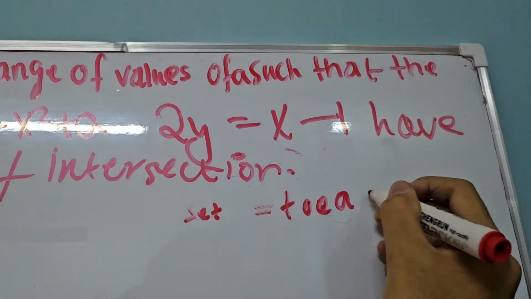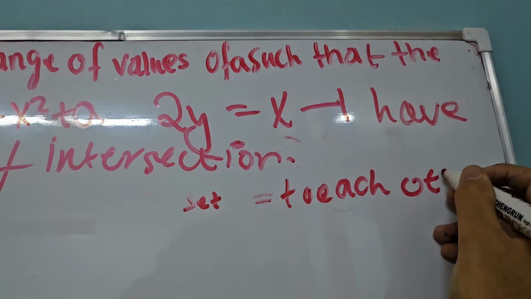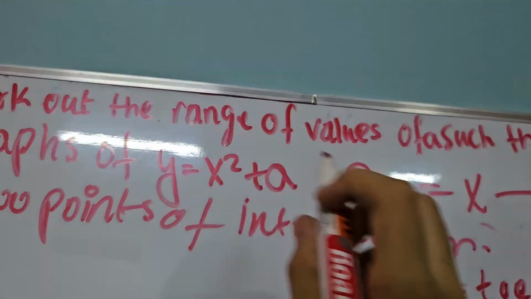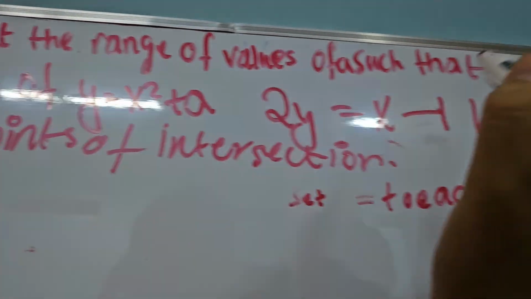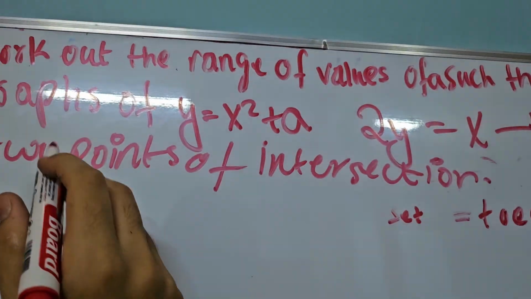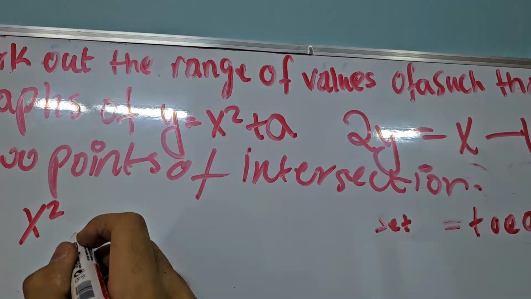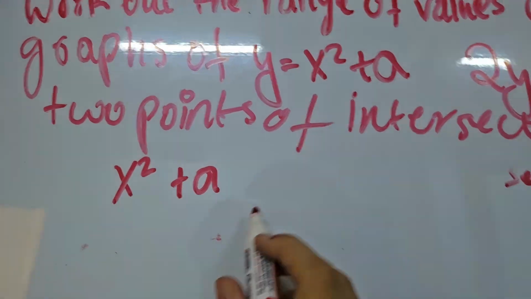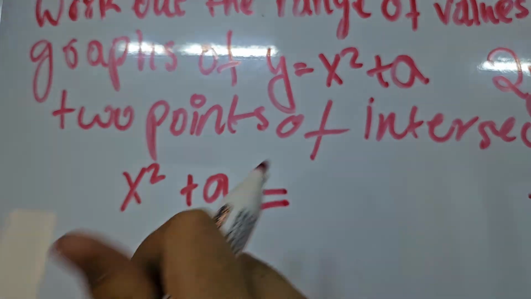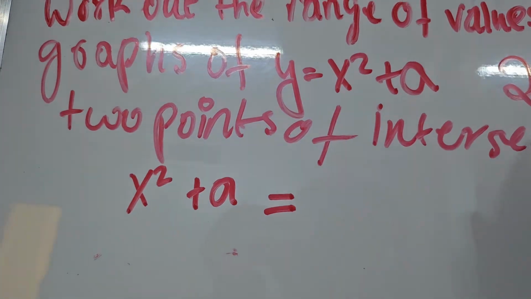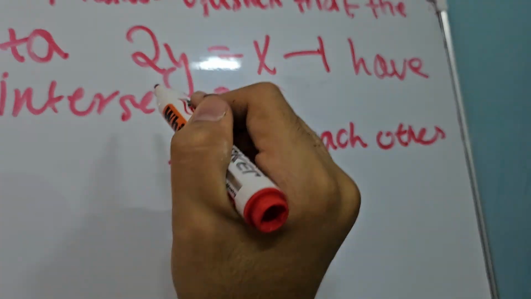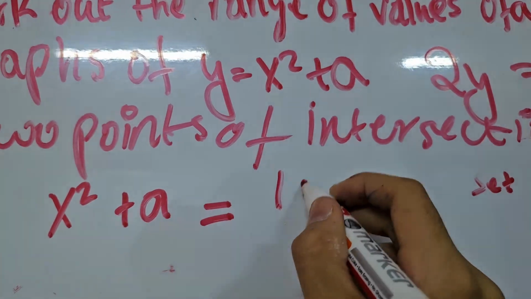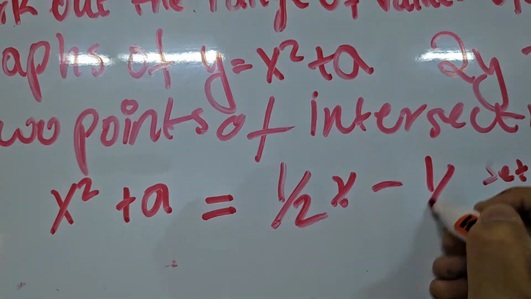So x squared plus a is going to equal, the problem is we have a coefficient of y, so if you divide both sides by 2, you are going to get half x minus half.